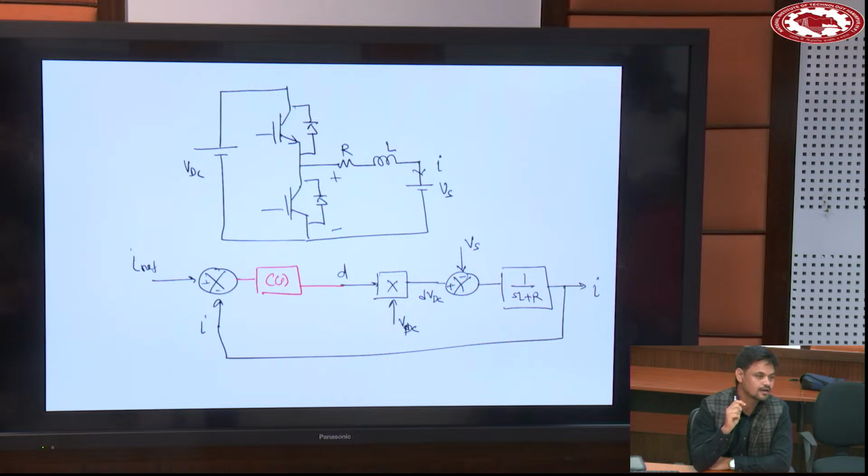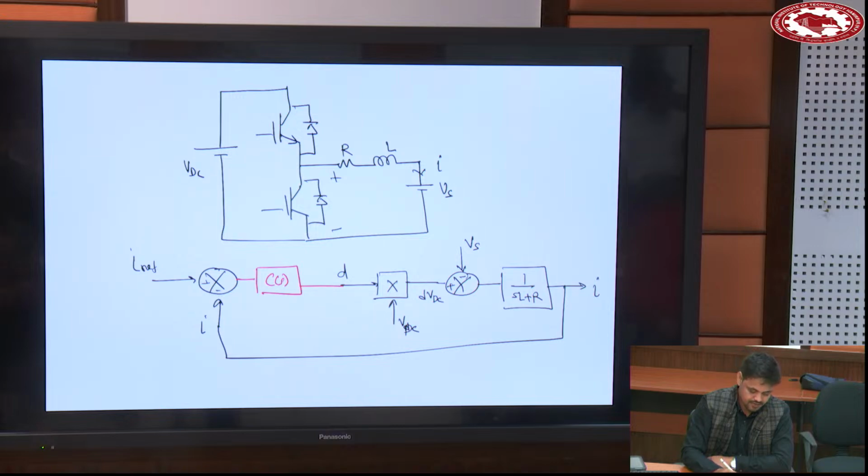Sorry, did someone say feed forward? Okay, I thought so. So this structure we are going to simulate. So we need to tune this compensator C(s).